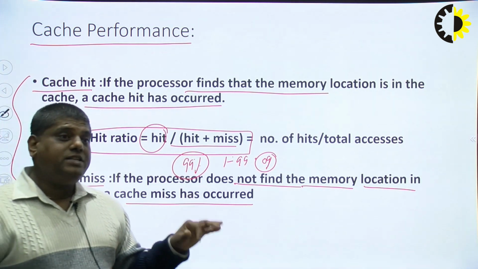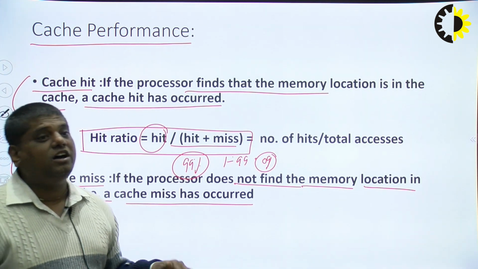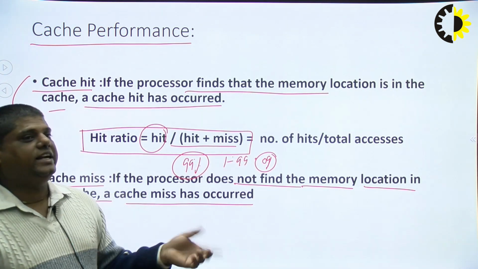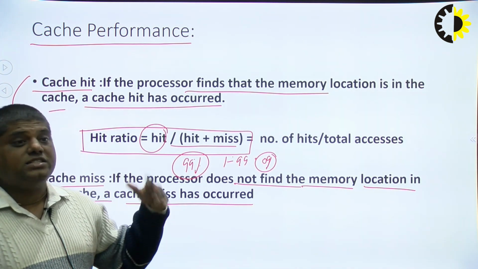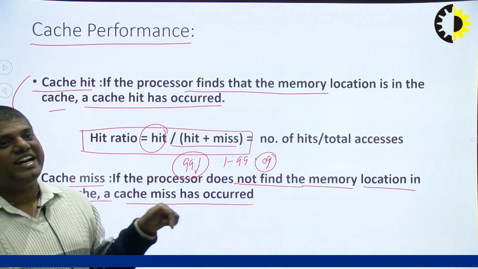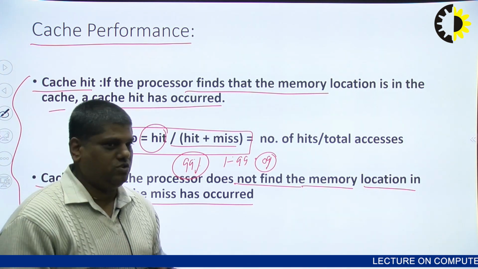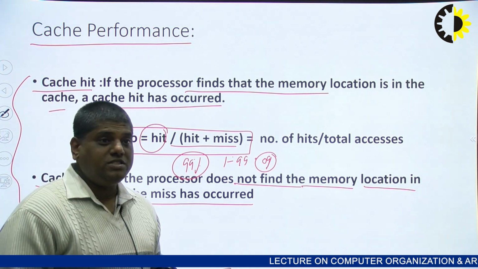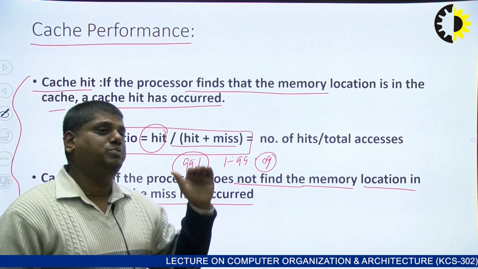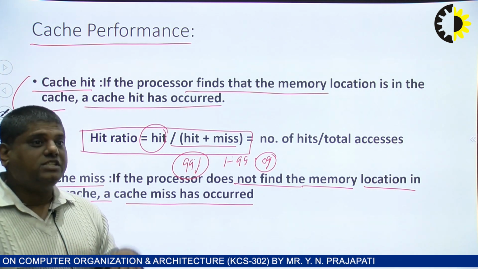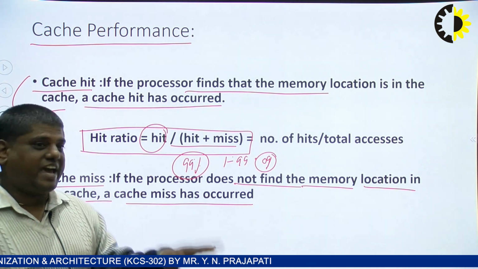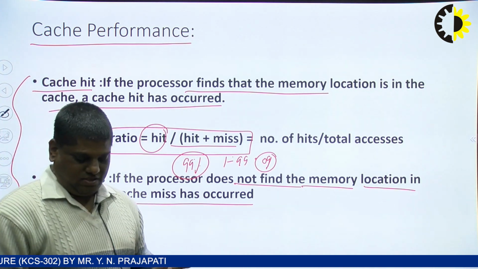If the data is found in the cache, then that is known as a cache hit. If the CPU needs some data and the data is not found in the cache, then that is known as a cache miss. For better performance, the cache hit ratio must be high. If the cache hit ratio of any cache is high, then the performance of that cache is very high.